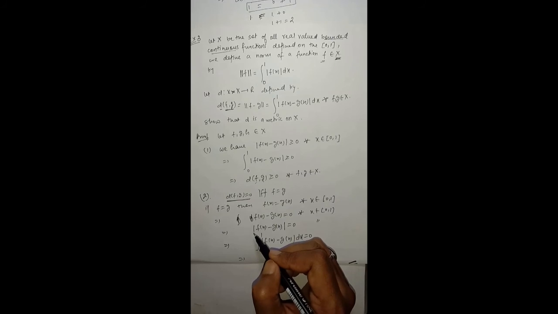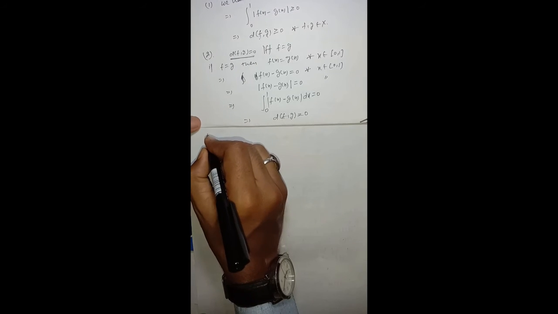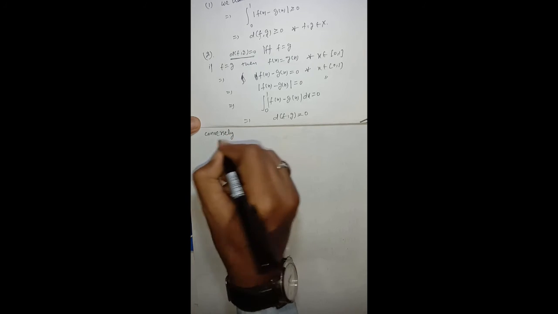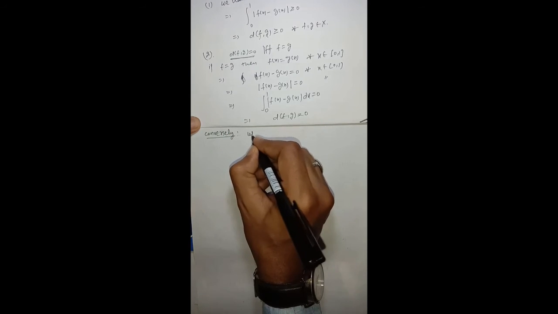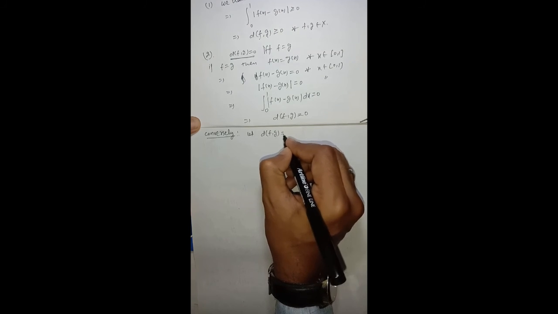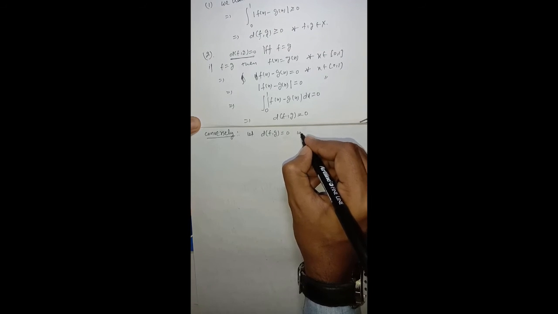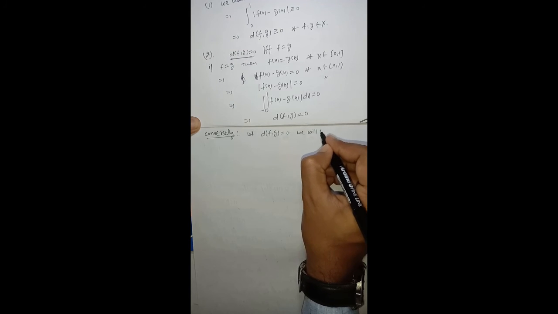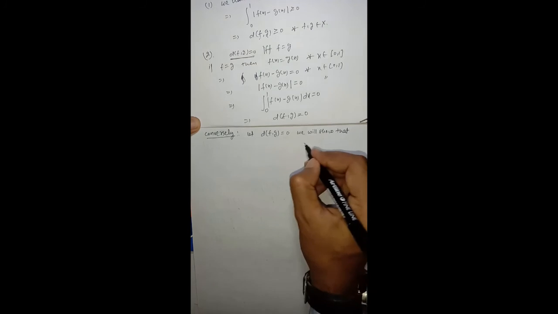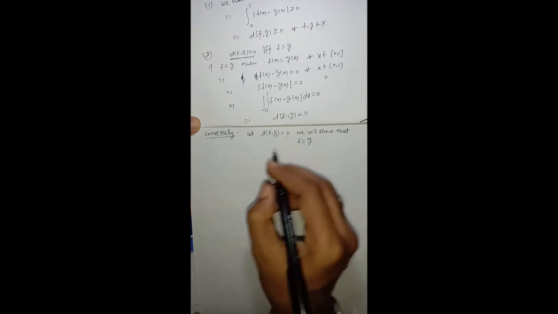Now conversely, let d(f, g) be equal to 0. We will show that f is equal to g.